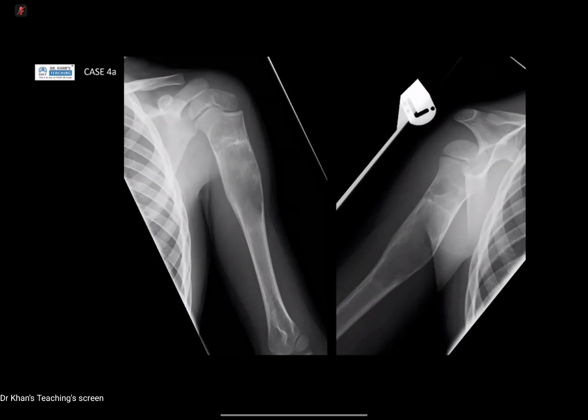Okay, candidate 2. Yes, I'm given the frontal and lateral radiograph of the left arm, including the shoulder joint and part of the elbow joint. I can see a well-defined expansile lytic lesion in the proximal metaphysis of the humerus, which has a few septations within, causing endosteal scalloping, and a wide zone of transition.